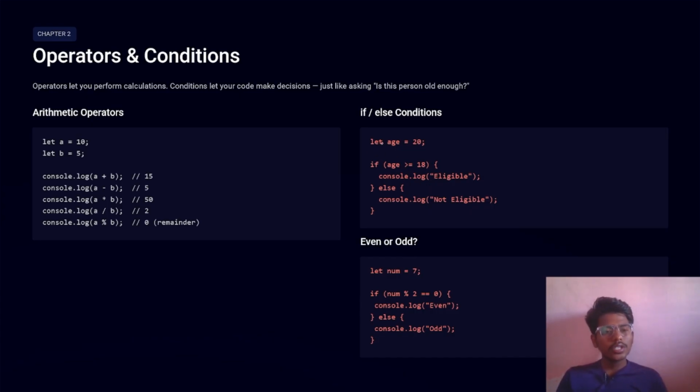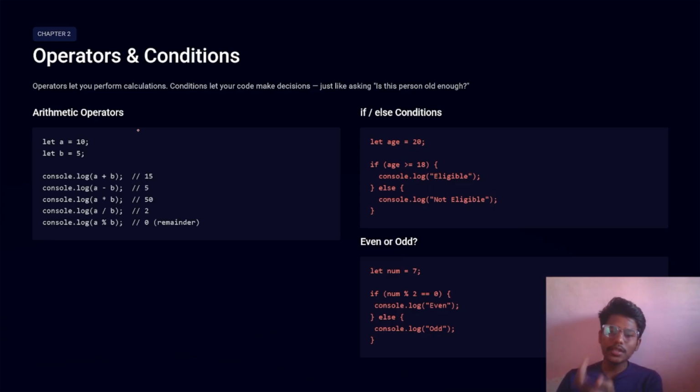Next, we are going to discuss operators and conditions. Operators. A mathematical calculation which is done in programming languages is known as an operation, and we use operators to perform the operations.